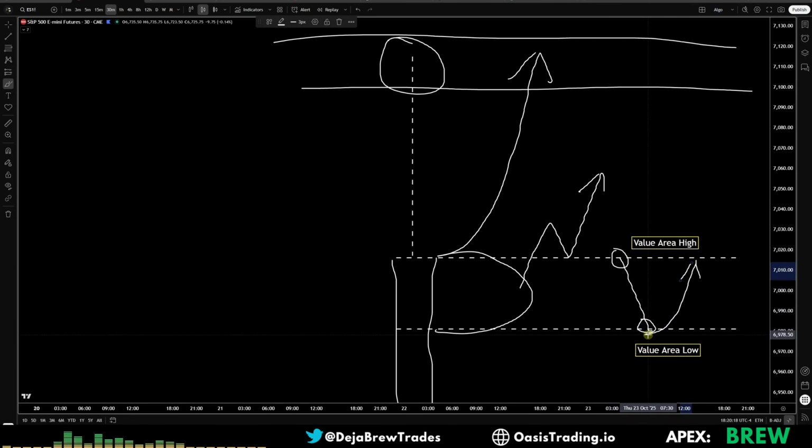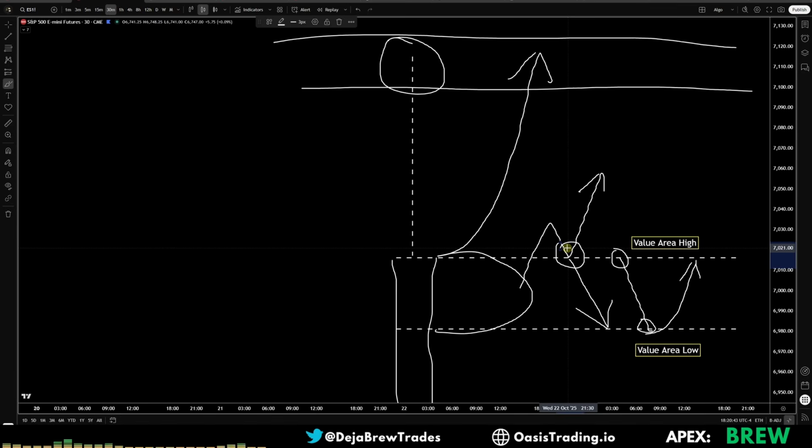It is not doing that, right? We were supposed to go down. We were supposed to rotate back down to that value area low, but we found too much buy pressure on that value high, and instead of using it as resistance, we used it as support. Therefore, what are we doing?